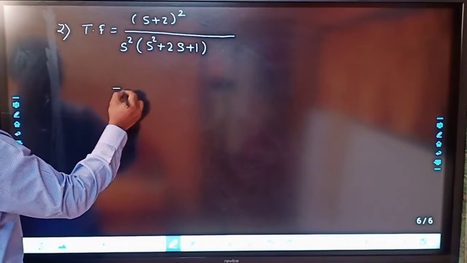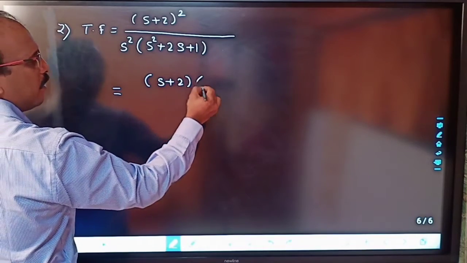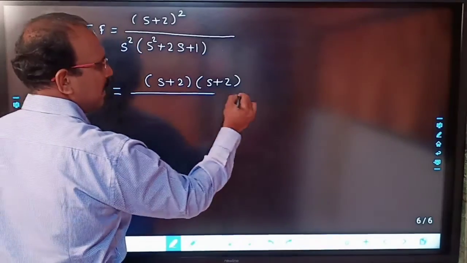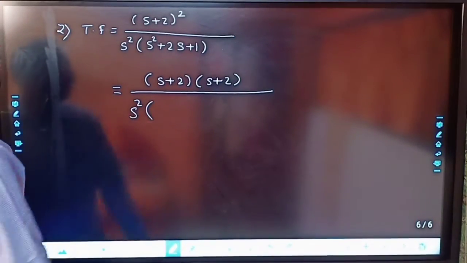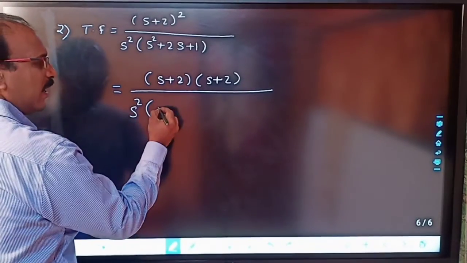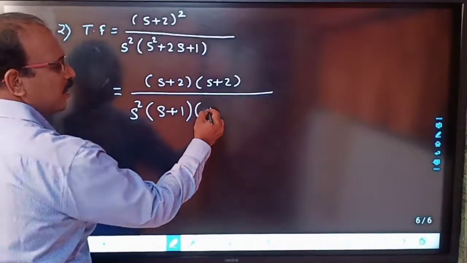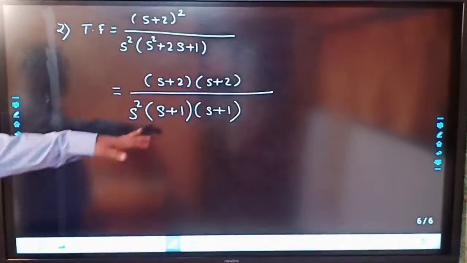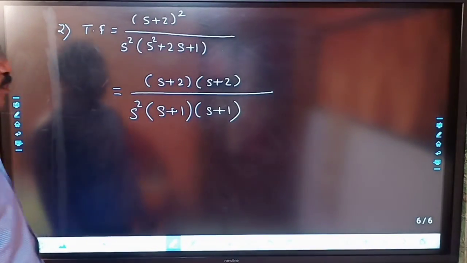This can be presented like this: (s plus 2) squared, and the denominator, s squared plus 2s plus 1, is (s plus 1) squared. Everything is repeated. So this is not complex. If it is complex, then I will explain how to draw that. And how to draw this? Very simple.